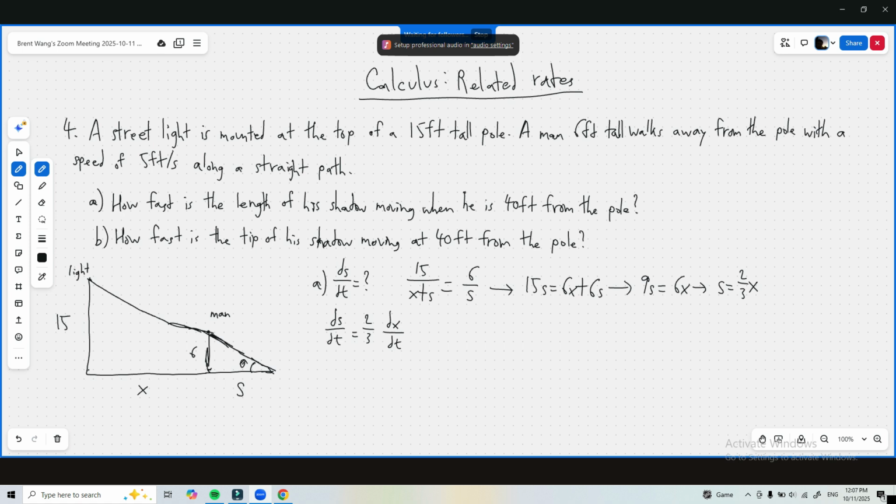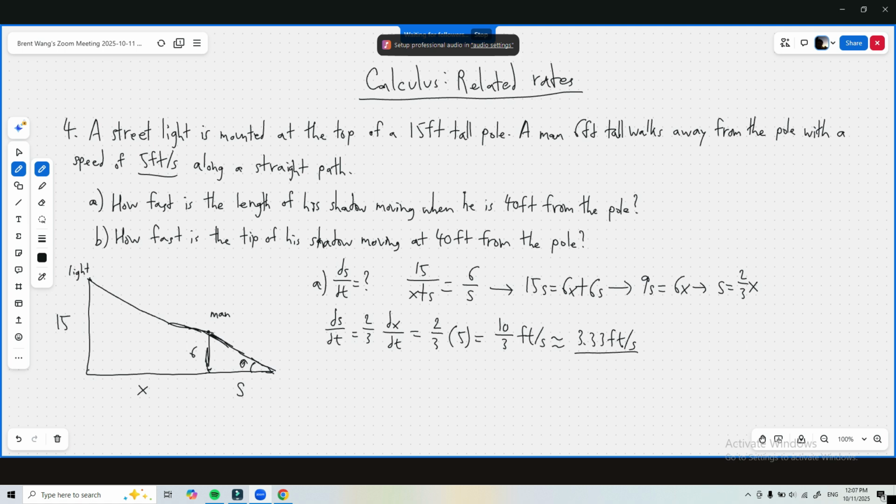We know dx/dt, he's walking away from the pole at a speed of 5 feet per second. So this is equal to 2 over 3 times 5, which is equal to 10 over 3 feet per second, roughly 3.33 repeating feet per second.